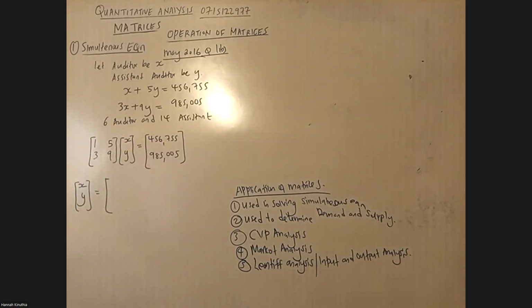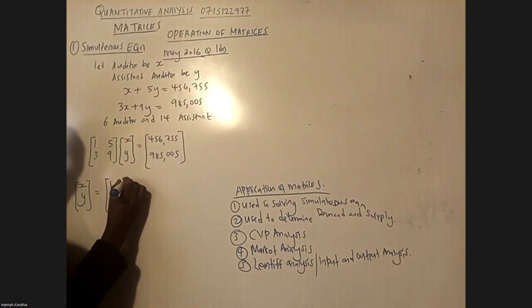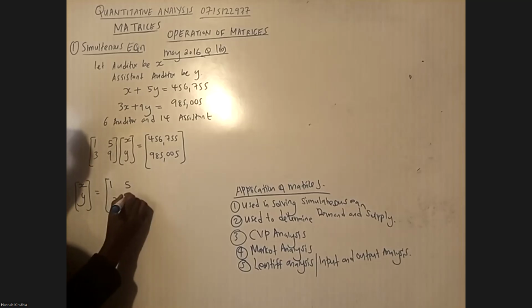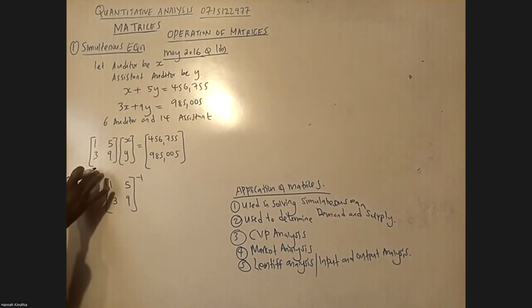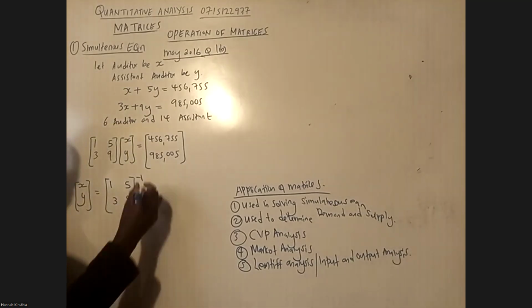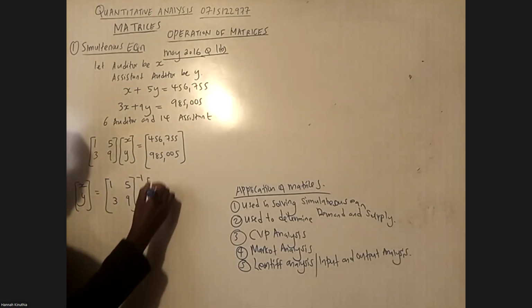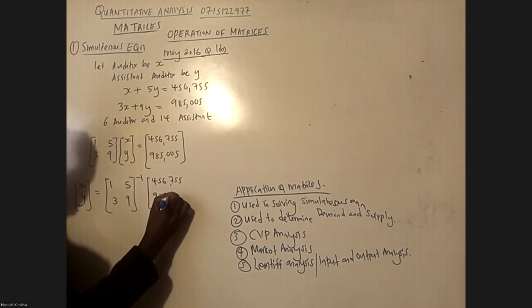But if you divide it with the other side, itakuwa ni 1, 5, 3, 9, but it must be an inverse because we divide. So this side itakata, but the other side itakuwa inverse, which you multiply with 456,755, 985,005.